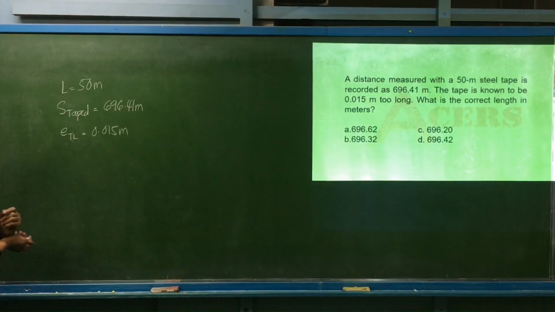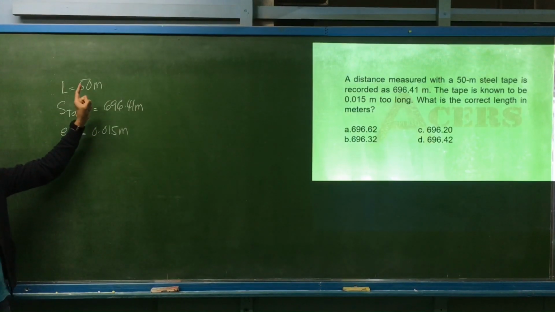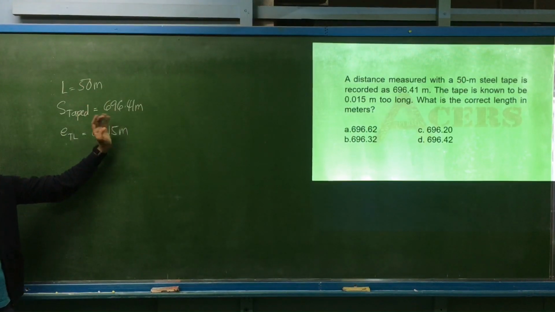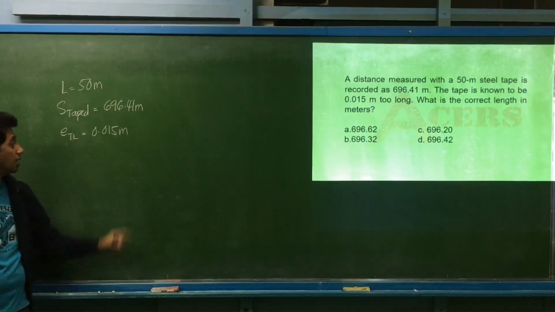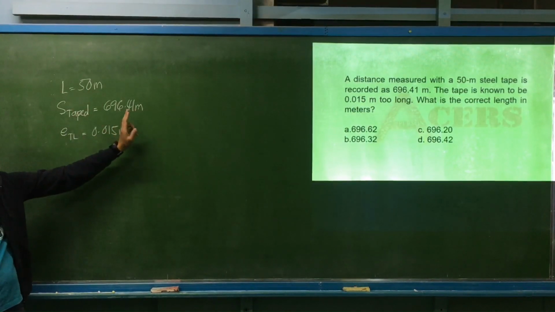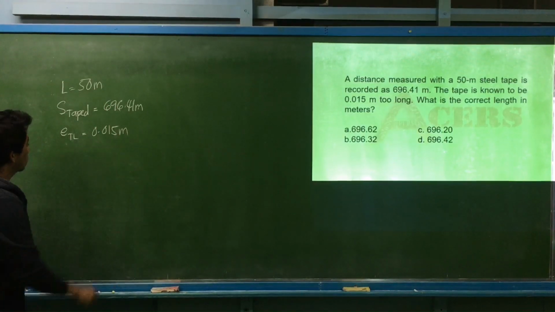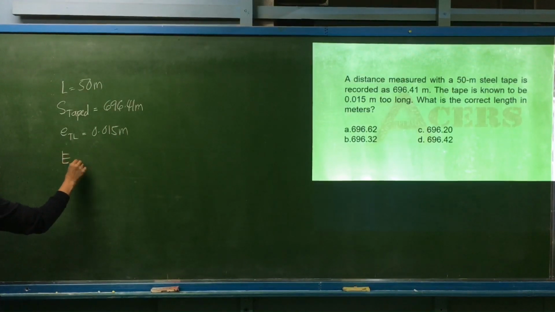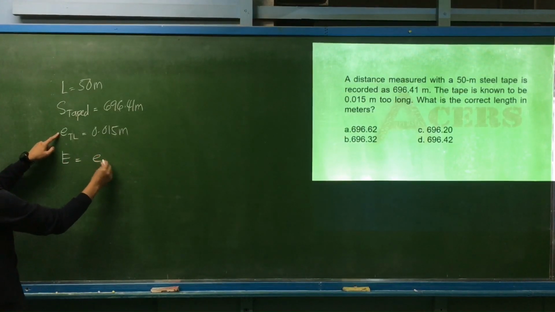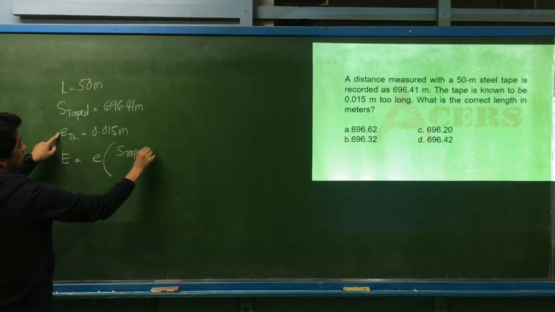What we need to do is distribute this error in every 50 meters of the 696.41. In other words, the number of times the 50 meters was used to measure this distance is also the total number of errors. So the total error is equal to the error multiplied by the S tape, divided by the length of the tape used.